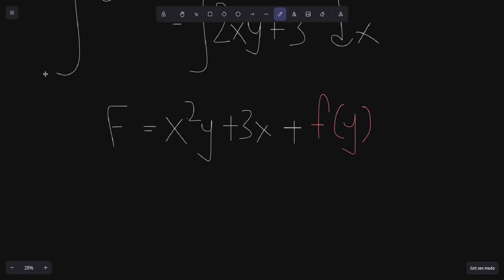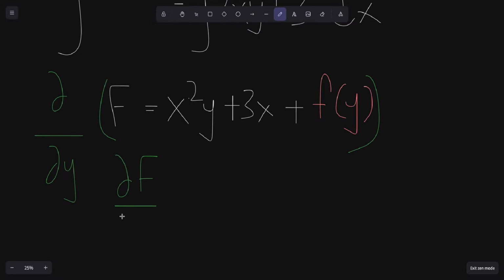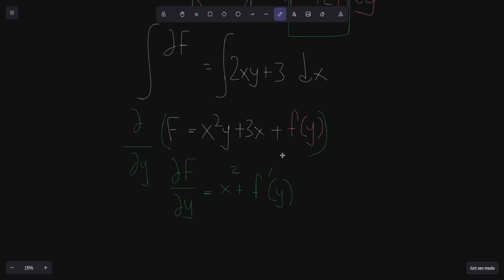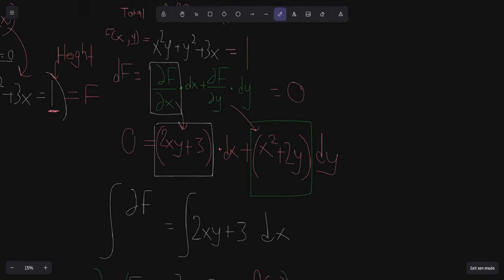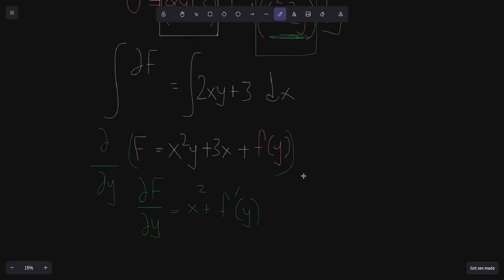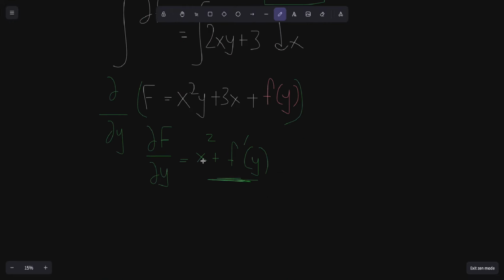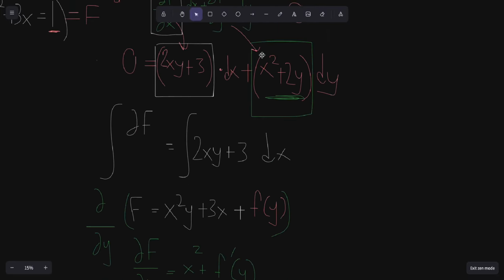So if we take the partial of this with respect to y on both sides, I get that the partial of f with respect to y is equal to x squared plus, and this is just treated as a constant, and then f prime of y. And so notice how it matches up. These forms have to match up, because at the end of the day, this is a partial with respect to y, and this is the partial with respect to y.